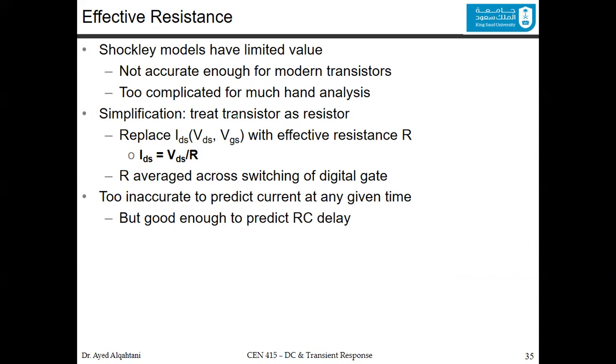It's not accurate enough, and we want something very simple. We don't want something that takes a lot of time. So we could replace the IDS, VDS, GSS with the effective resistance R and simply apply Ohm's law, which is basically V is equal to IR, or IDS is equal to VDS divided by R.